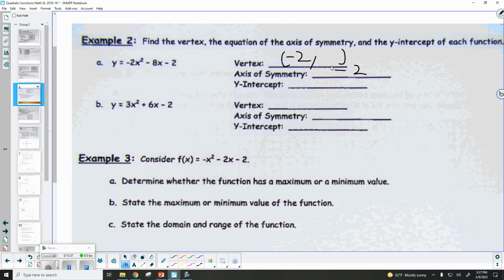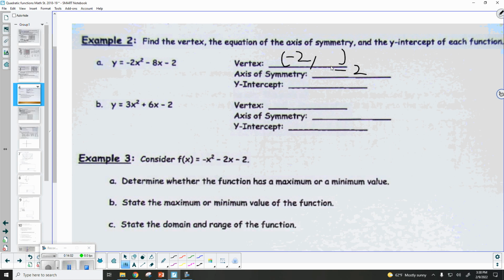So that would be 8 minus 16, or plus 16. So negative 8. That would be 10, wouldn't it? Do you have the answer key for this one? What are we looking for?